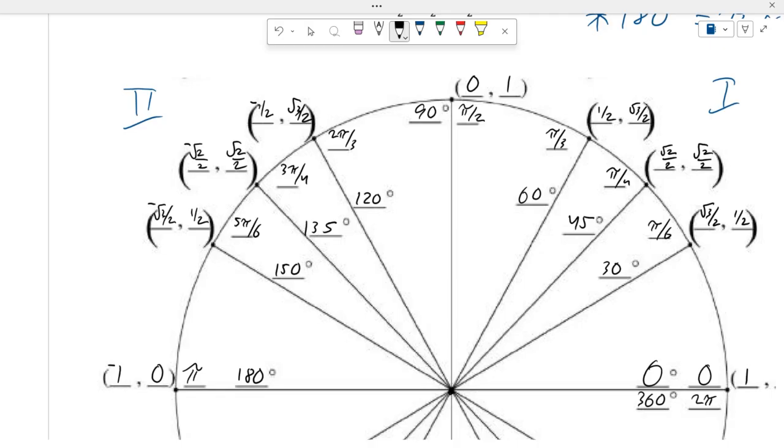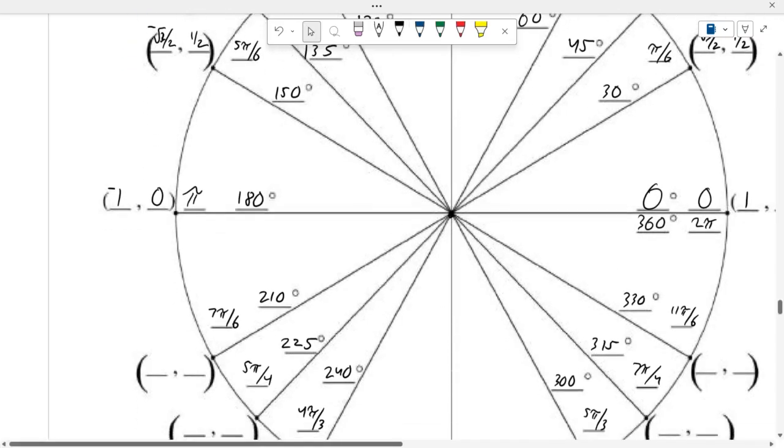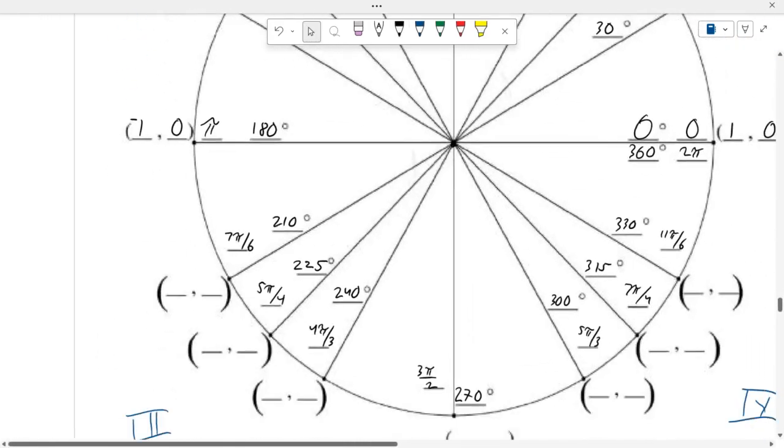So they're not identical. They're the same magnitude as quadrant 1, but all of your x values, because you're in quadrant 2, because you're going to the left, are negative. Okay, and this is a root 3. Quadrant 2 is now done.